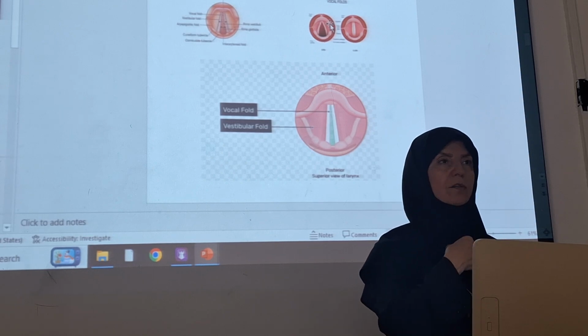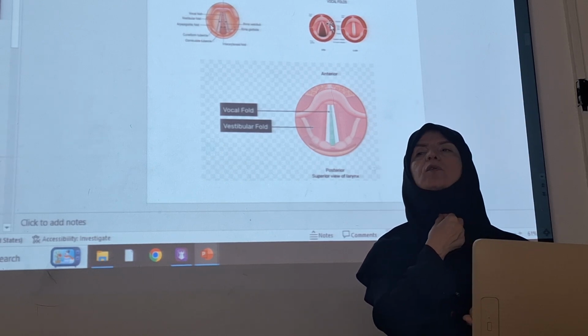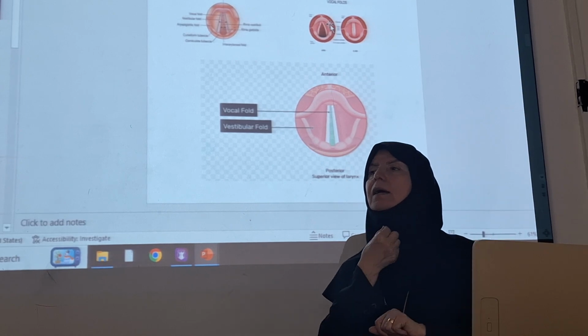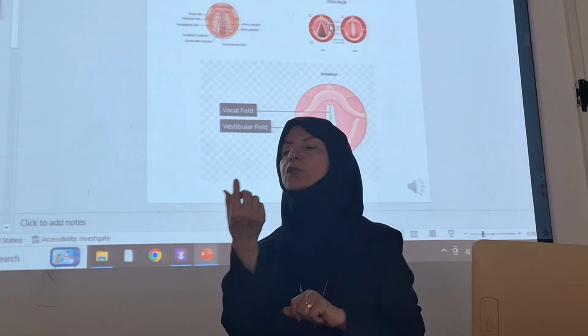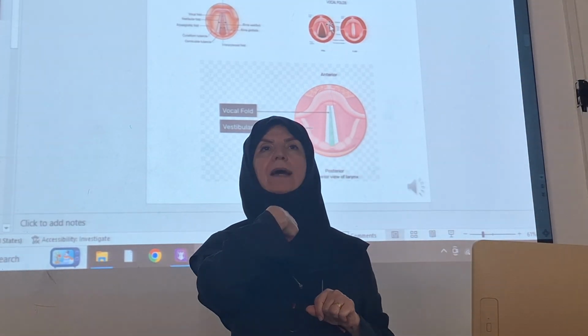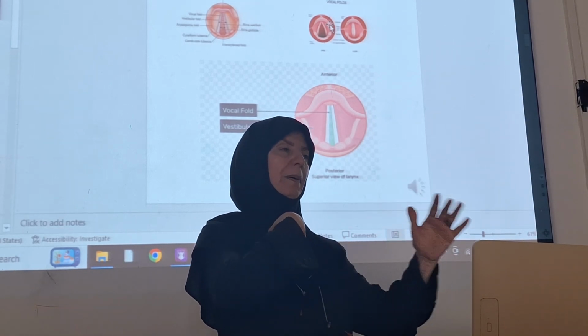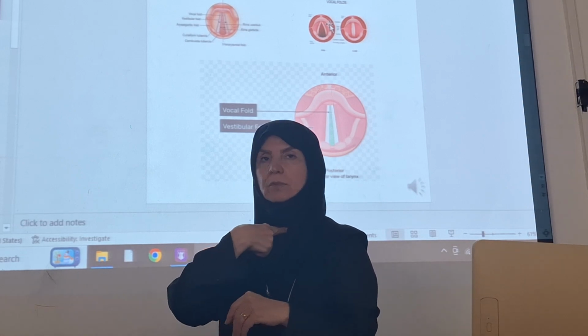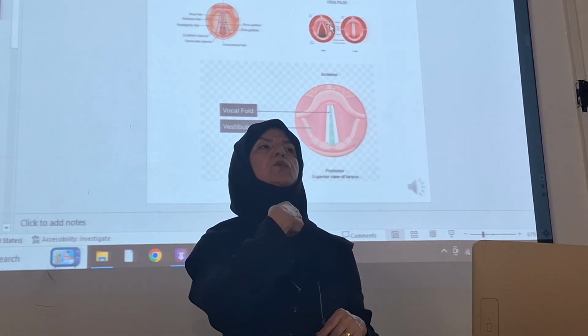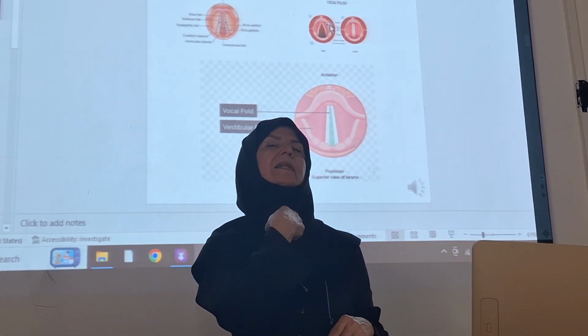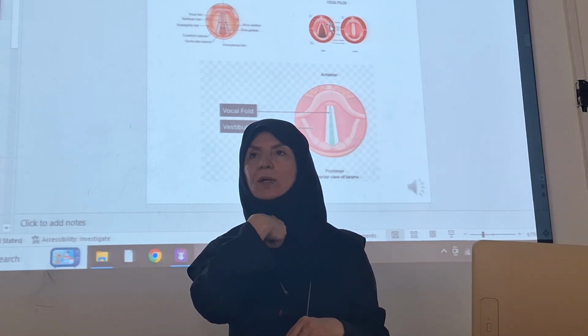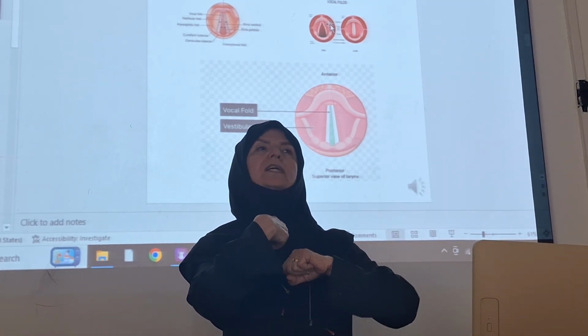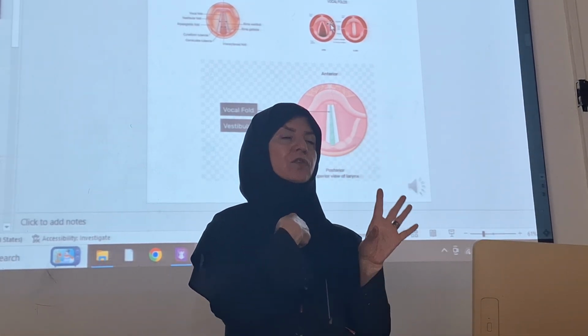You are going to cut the trachea, or cut the cricothyroid membrane, to put a tube here for a temporary period and take this patient to the emergency. When you do the tracheostomy and the patient has this tube here, he or she is not able to speak.